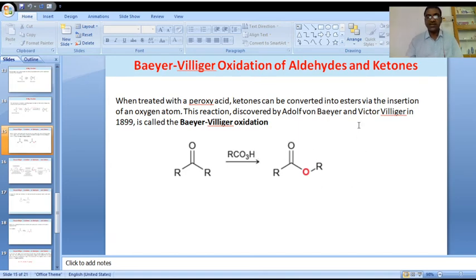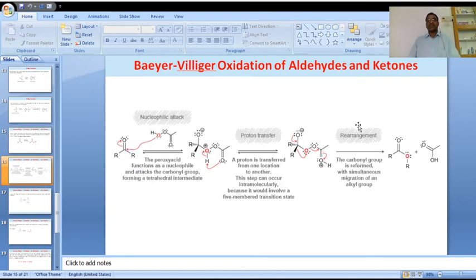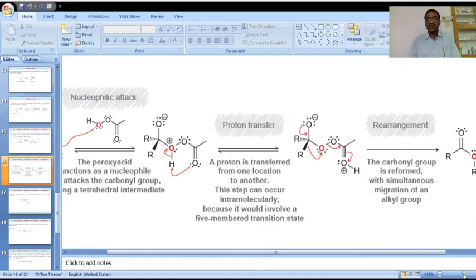Okay, this is about Baeyer-Villiger oxidation. This is the clear mechanism part of this oxidation process. Please concentrate on each and every step. I will enlarge the slide for a clear observation.